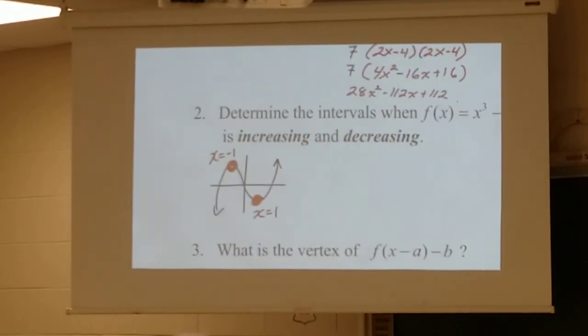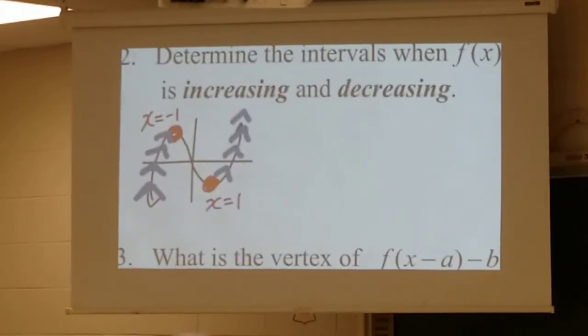Now, do you see the graph going up? Remember, it's going up from left to right in both of these blue sections. That means it's increasing from negative infinity to negative 1.